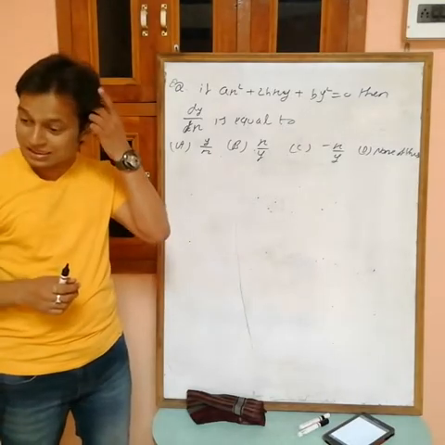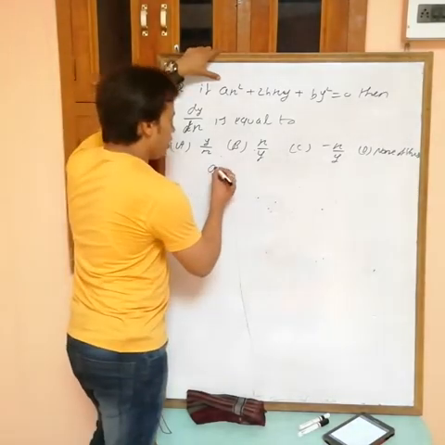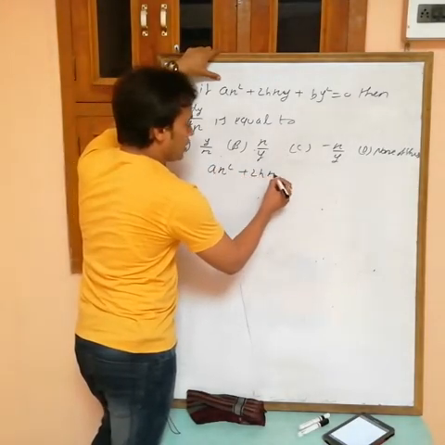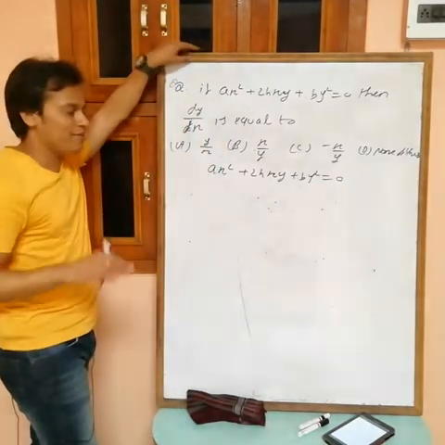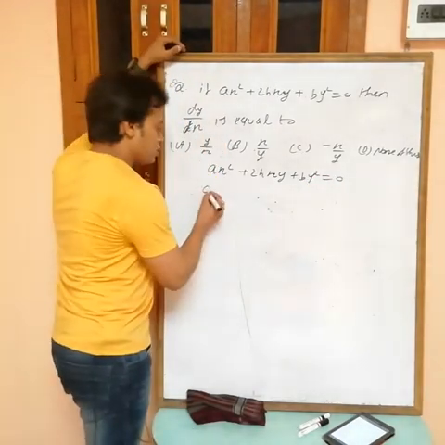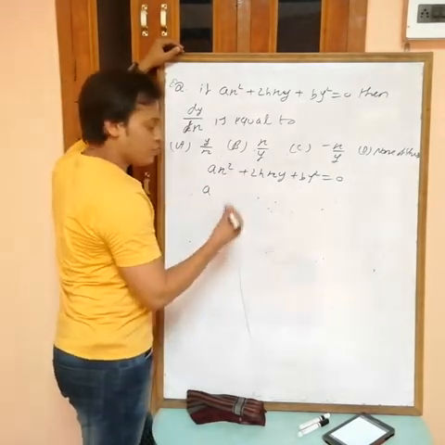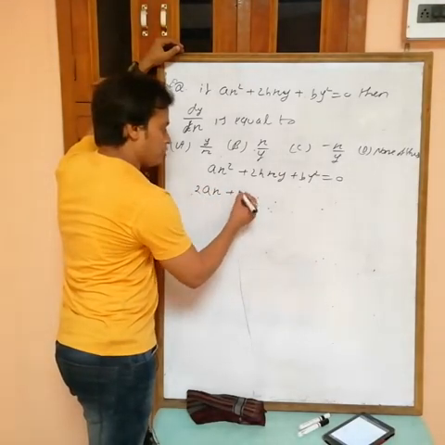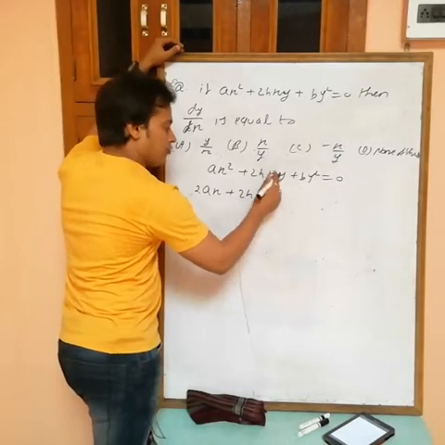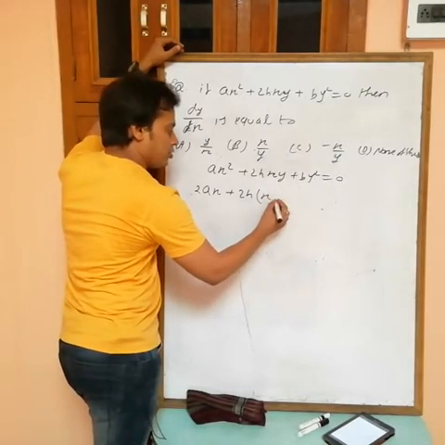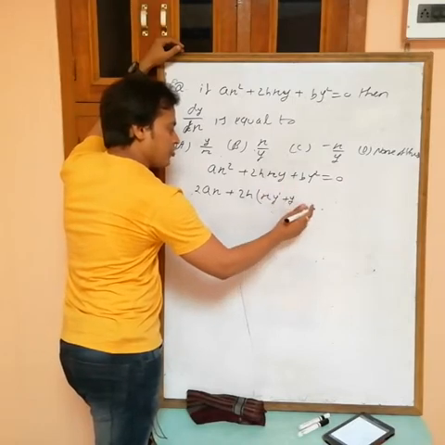Okay, done. Now see, ax square plus 2hxy plus by square equals 0. What do you want? The value of dy by dx. So just differentiate. a is a constant outside. Differentiation of x square is 2x. So 2ax plus 2h constant outside, differentiation of x into y: first I am taking x as constant, the derivative of y is y dash, then plus y as constant, the differentiation of x is 1.